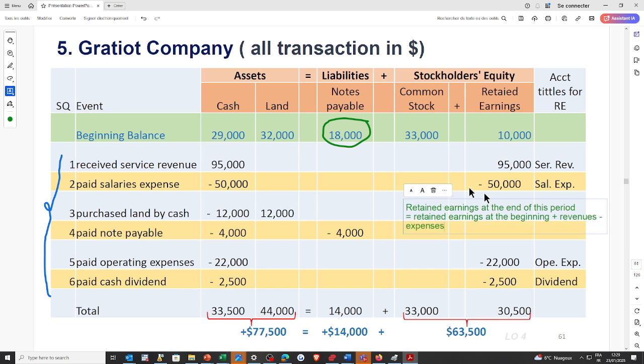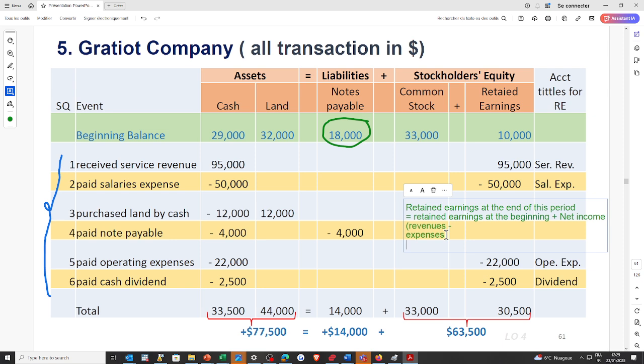Or we can mention that as net income, so plus the net income. However, the net income should be equal to revenue minus the expenses.